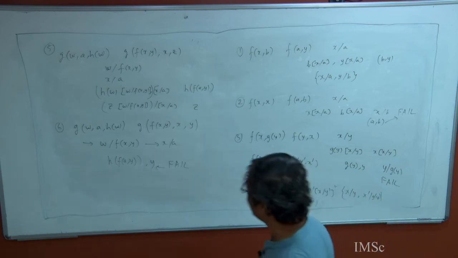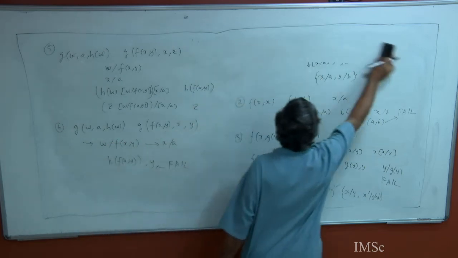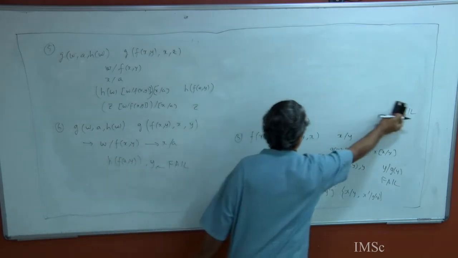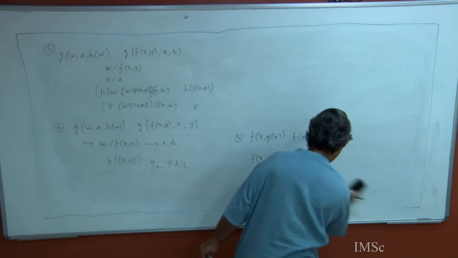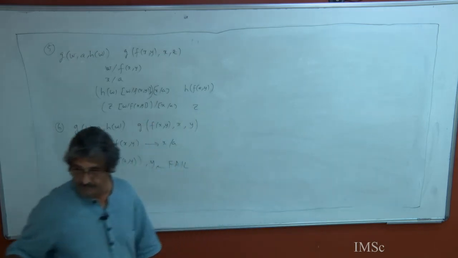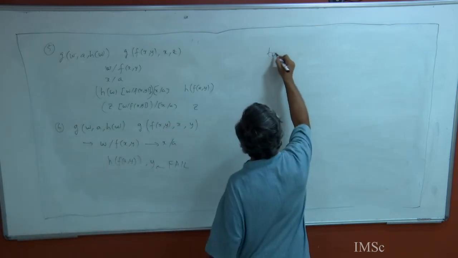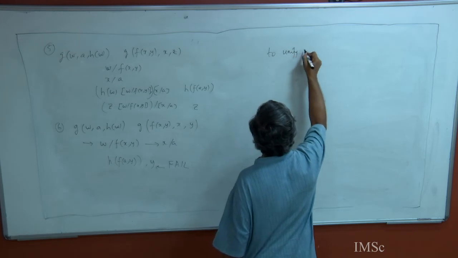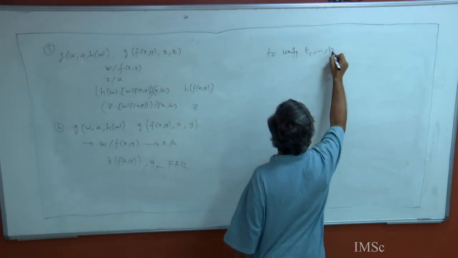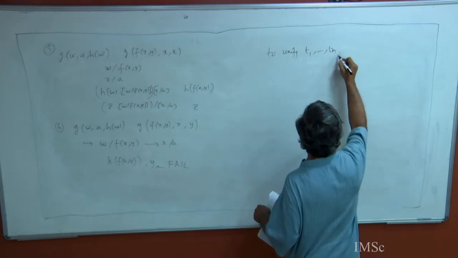So now in general, when you have terms T1 through Tm, m greater than 2, you apply this recursively.